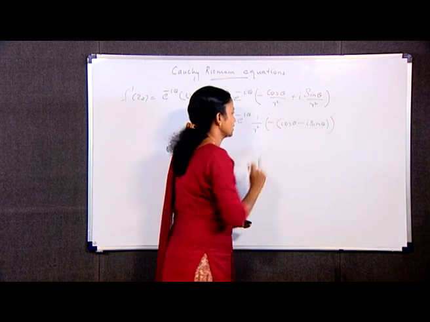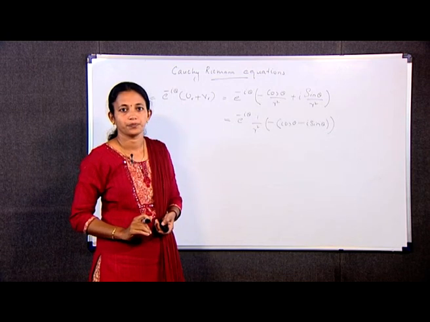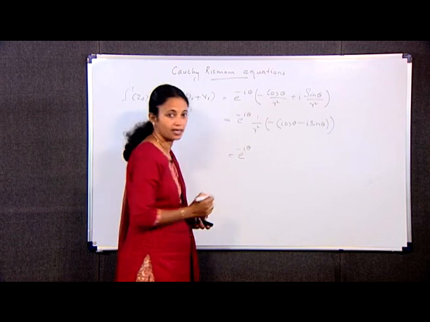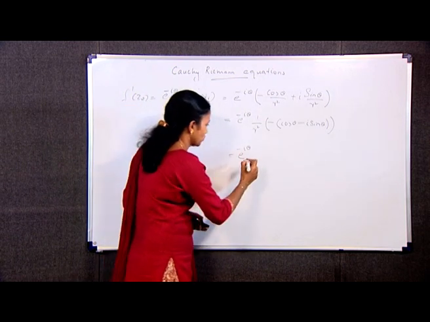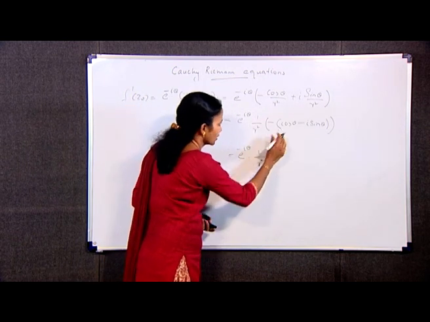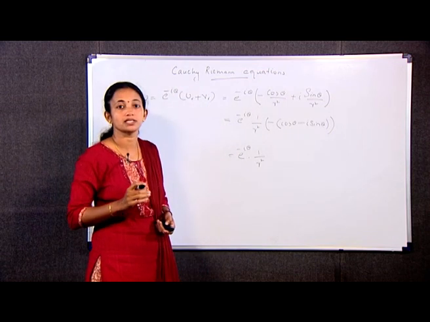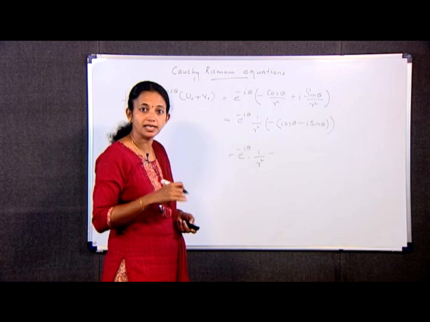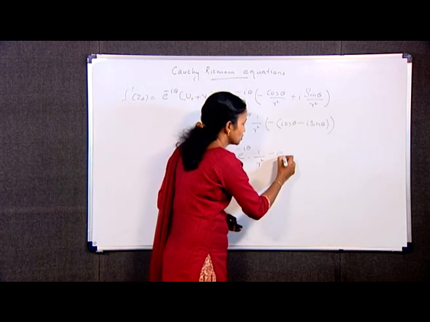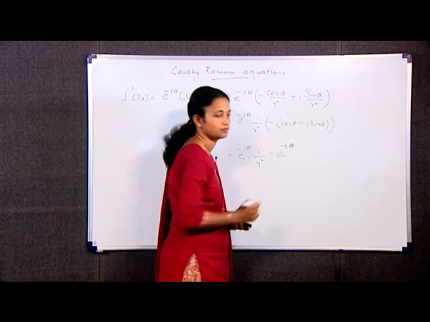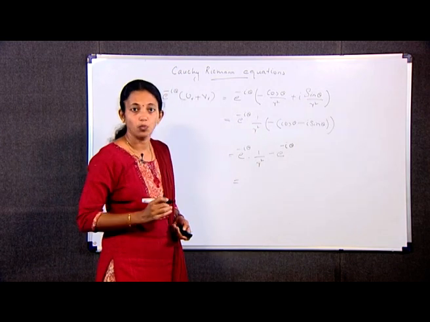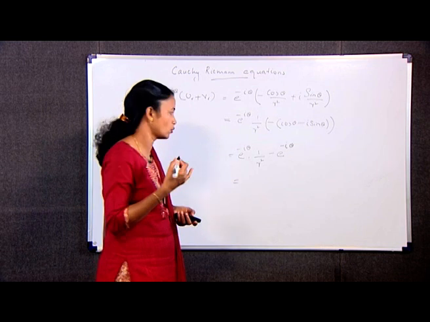So, which is equal to e raised to minus i theta into 1 by r square, with minus of (cos theta minus i sin theta), equal to minus e raised to minus i theta, which is equal to minus 1 by (r e raised to i theta) whole square.